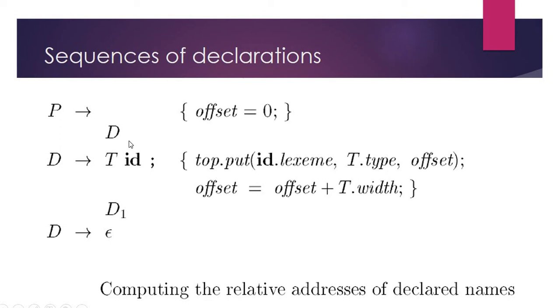For example, if you have int a semicolon, then after that int b semicolon, float c semicolon, sequentially, for each and every one of them, what will happen? Declarative statement produces data type, identifier, semicolon, and after that the declarative statement comes again and again. One environment will get generated, so for that the offset value will be 0.